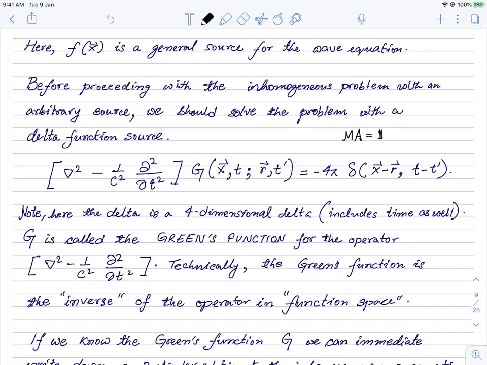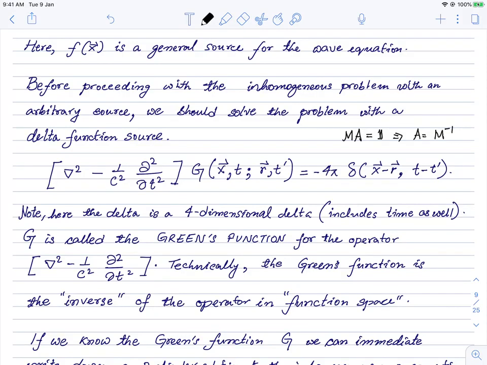If this is the equation, then this would imply that A is given by M inverse.